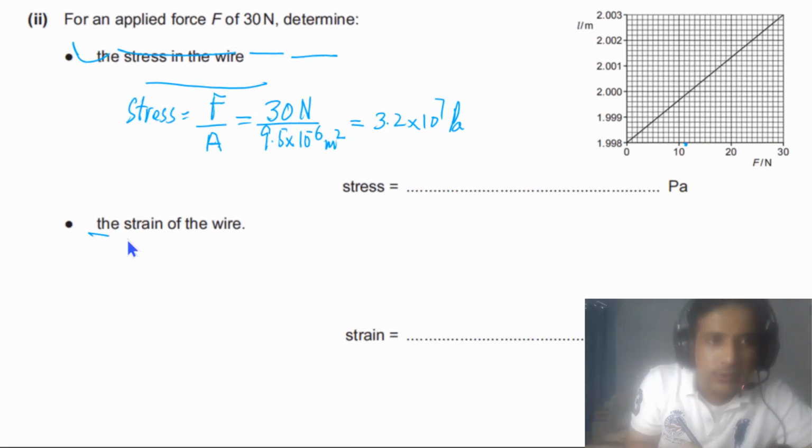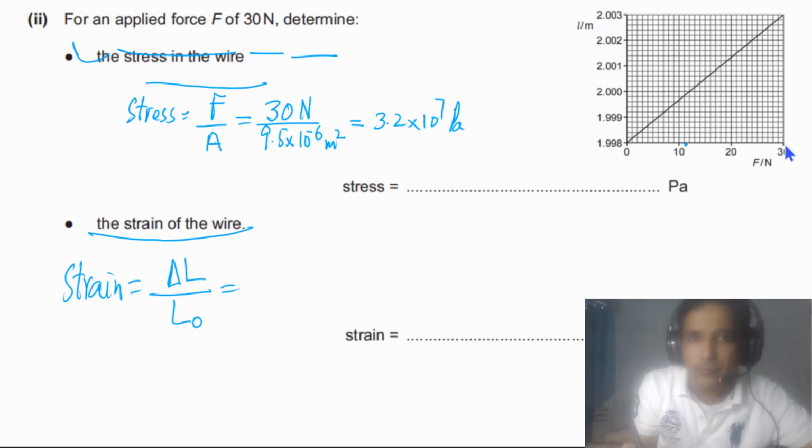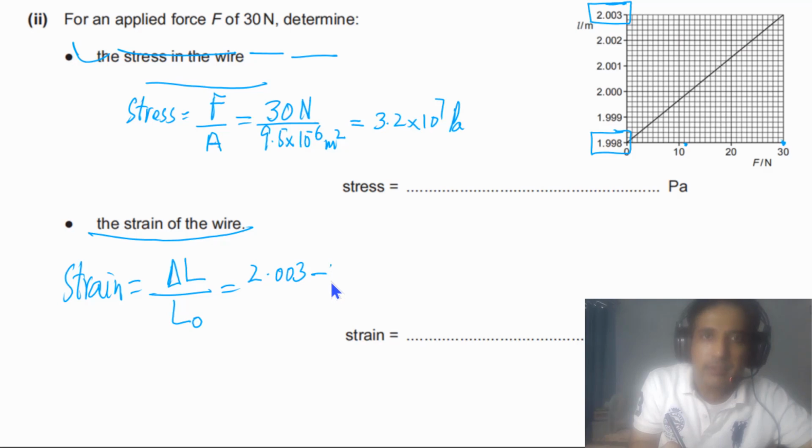For the second part, we need to calculate the strain of the wire. Strain simply is equal to delta L, the change in length, divided by the original length. In this case, we apply a force of 30 newtons, so we have to take the extension until this point. This is the new value of L, and this is the original value of L. So delta L is 2.003 minus 1.998, divided by L naught, which is 1.998.